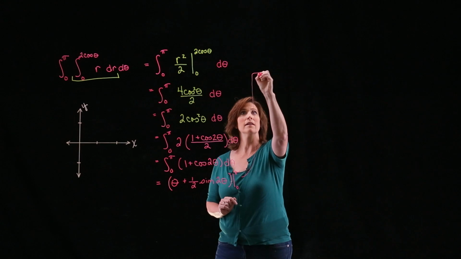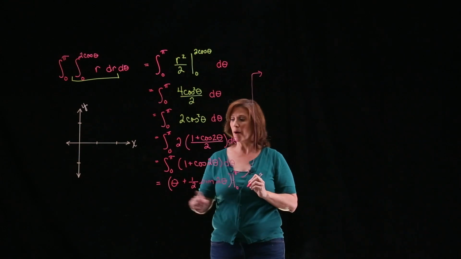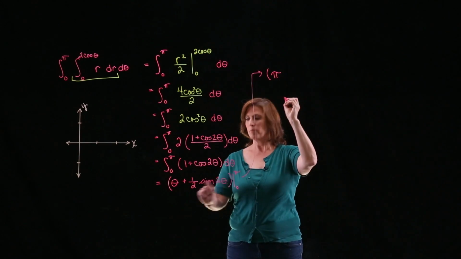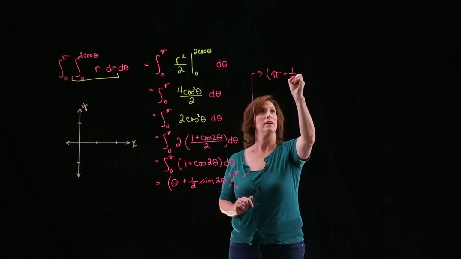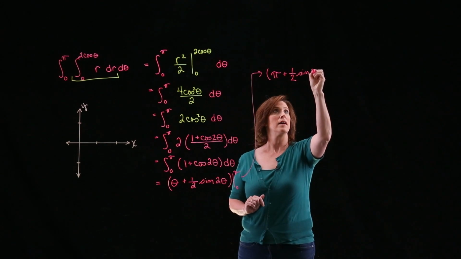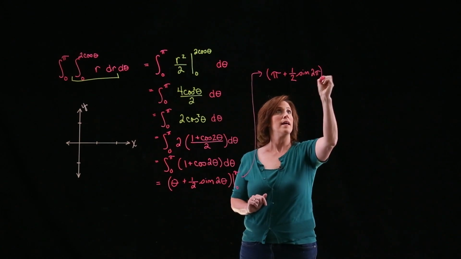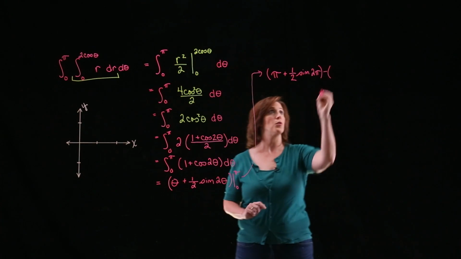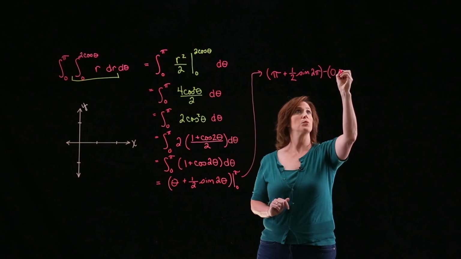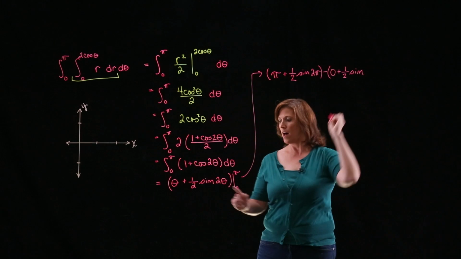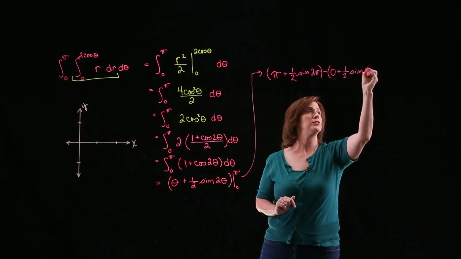So I'm going to bring this up here. And plugging in a pi, I'll have pi plus 1/2 times the sine of 2 pi. Then I have to subtract what happens when I plug a 0 in, which is going to be 0 plus 1/2 times the sine of 2 times 0, which is just 0.